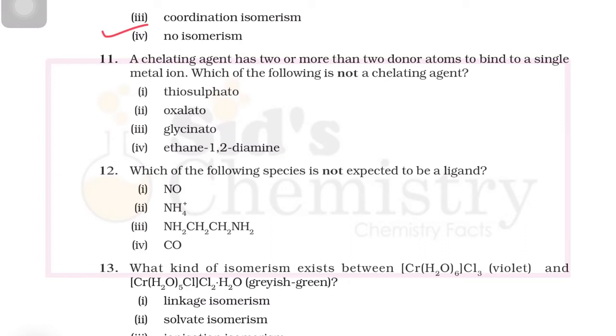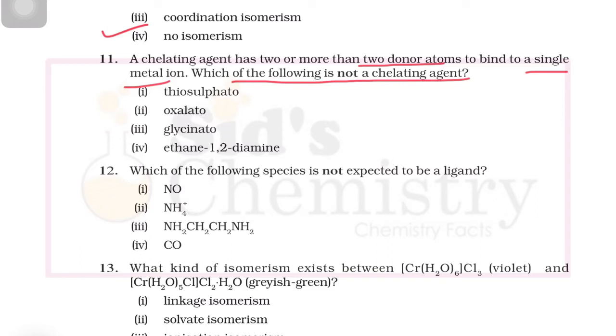A chelating agent has 2 or more than 2 donor atoms to bind to a single metal ion. Which of the following is not a chelating agent? Dear friends, we need to identify the polydentate ligands out of the given options, because polydentate ligands can only form this kind of chelating isomerism or chelating compounds.